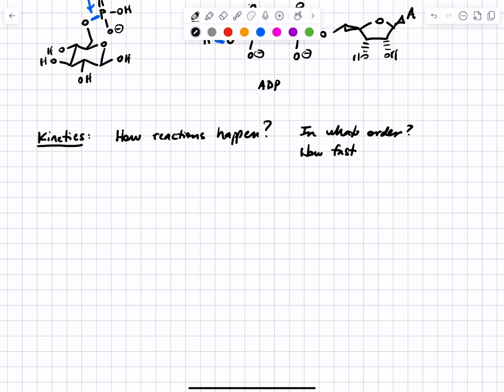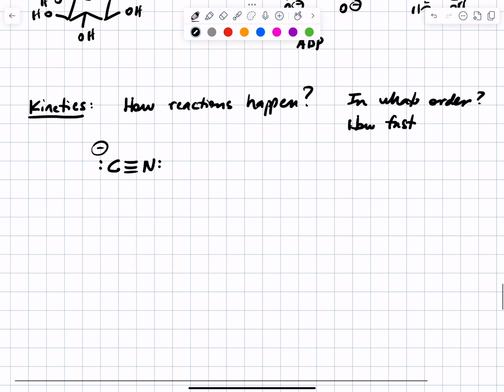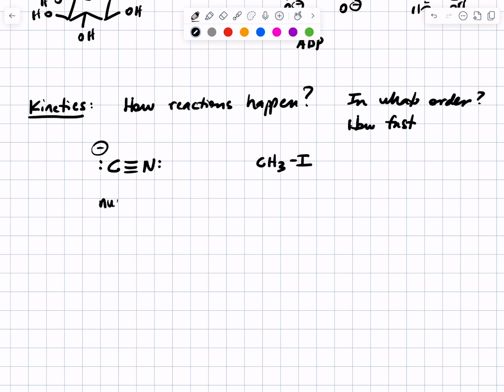So here is a reaction between a molecule called cyanide, CN minus, and an electrophile, which we're going to call methyl iodide. So CN minus is going to be our nucleophile, and then our electrophile is going to be methyl iodide.